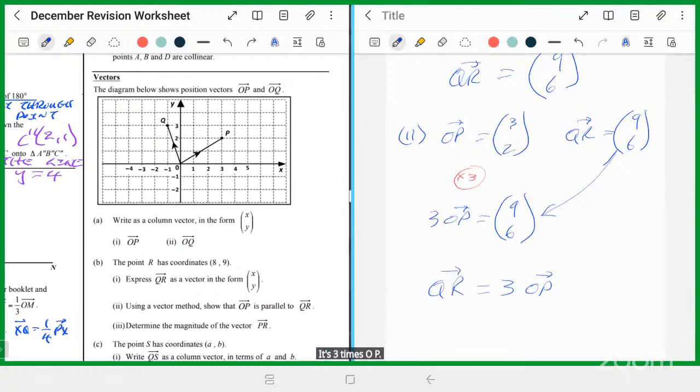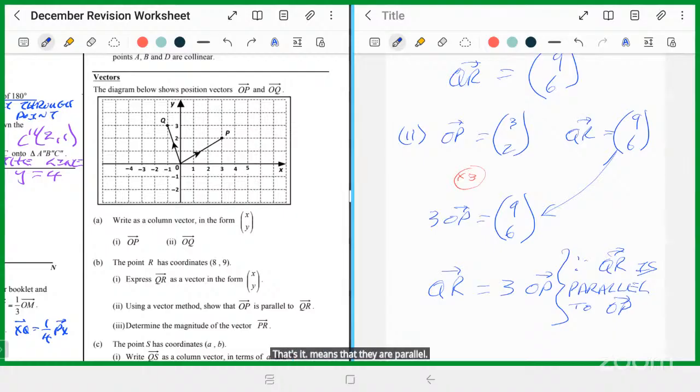So here now you have expressed one vector as a multiple of the other. And this is what means that they are parallel. And so therefore, QR is parallel to OP. That's it. One is a multiple of the other, means that they are parallel.